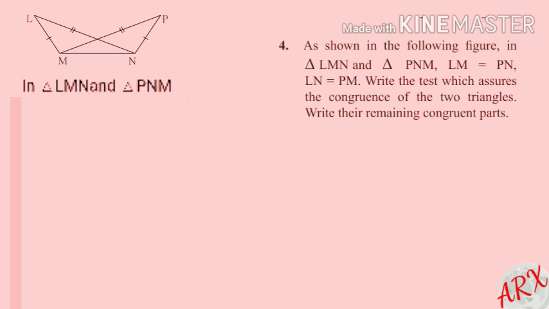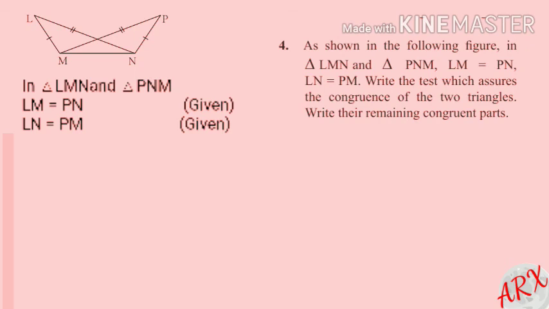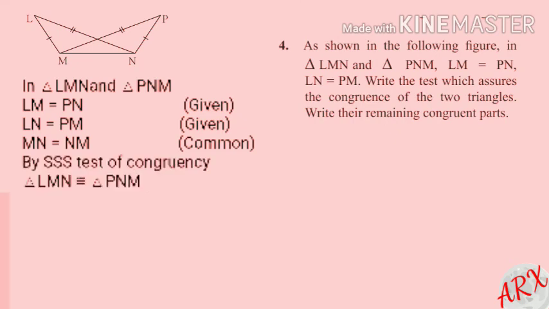Now if we observe the figure, in triangle LMN and triangle PNM, LM equal to PN and LN equal to PM, which is given in the figure. Also, MN equal to NM, which is common side of the two triangles. Therefore, triangle LMN congruent to triangle PNM by SSS test.